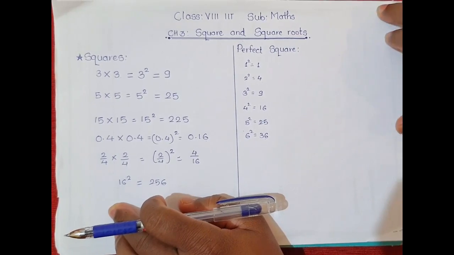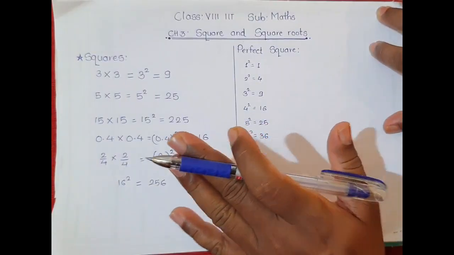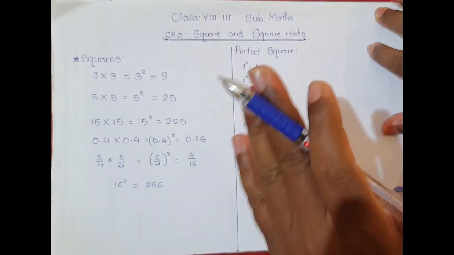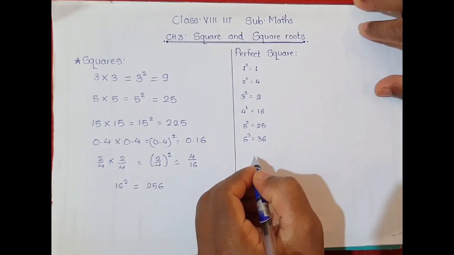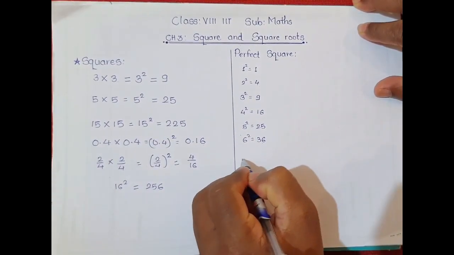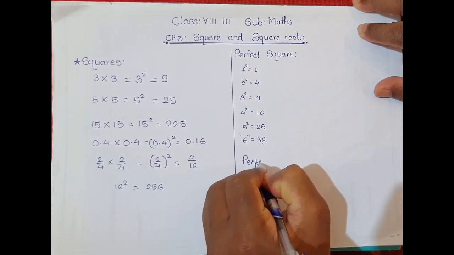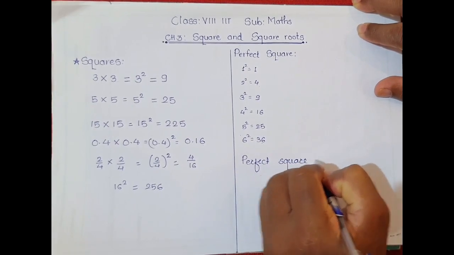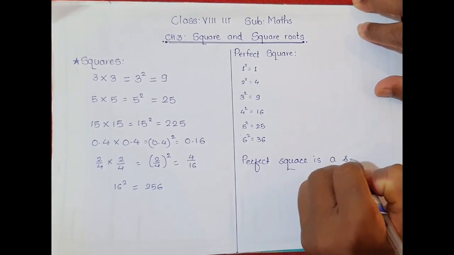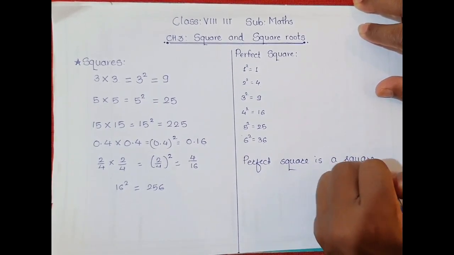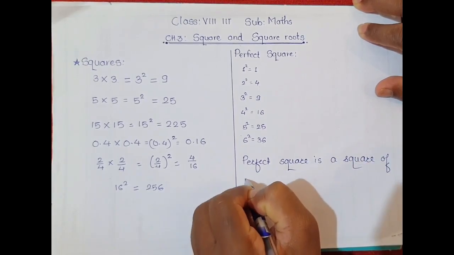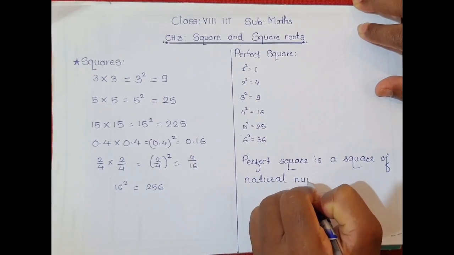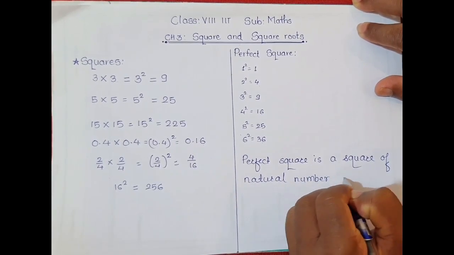Understood? So a perfect square is a natural number as well as the square of a natural number, or it can be called the square of a natural number. Understood? Here if you want to write, you can write: a perfect square is a square of a natural number.